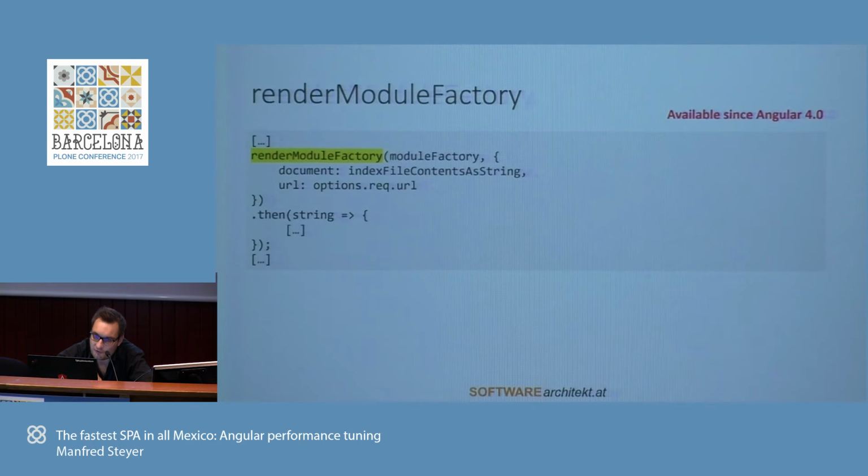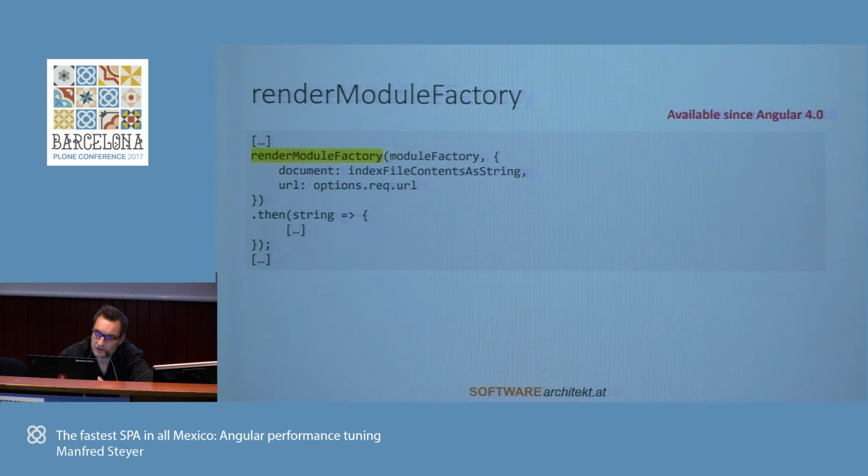So with Angular 4 and up, we can use this nice method here, renderModuleFactory. It is a very easy method. It just gets the module factory of your root module. The module factory is what the compiler compiles out of your module class. And then you are passing in the contents of your index HTML.